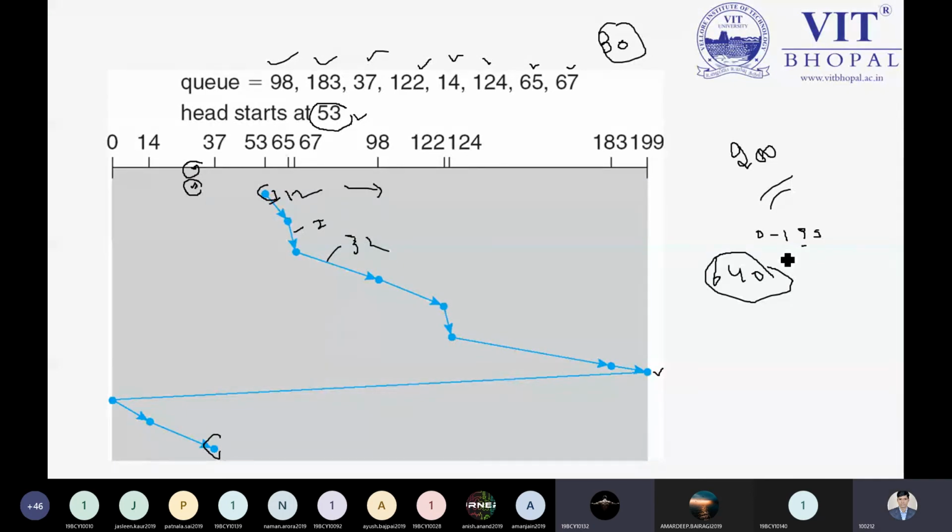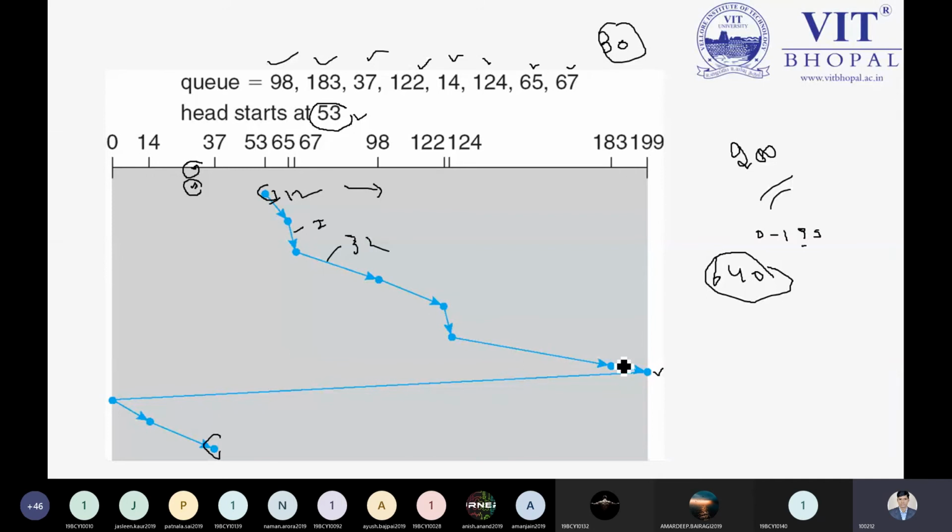So if the disk head is initially 53, first we have to move 53 to 98. Why 53 to 98? If you are moving from 53 to 98, it means you are following first come first serve. Okay, in the C scan, I'm asking about C scan.